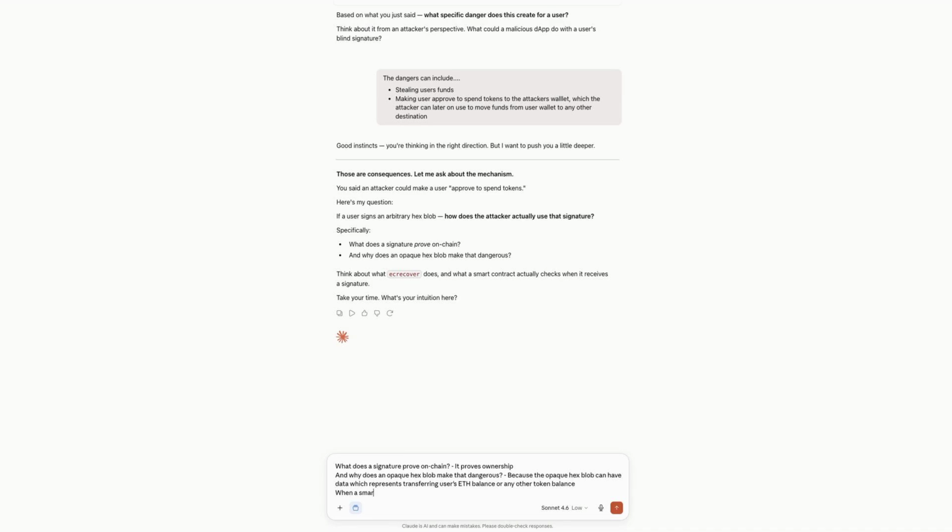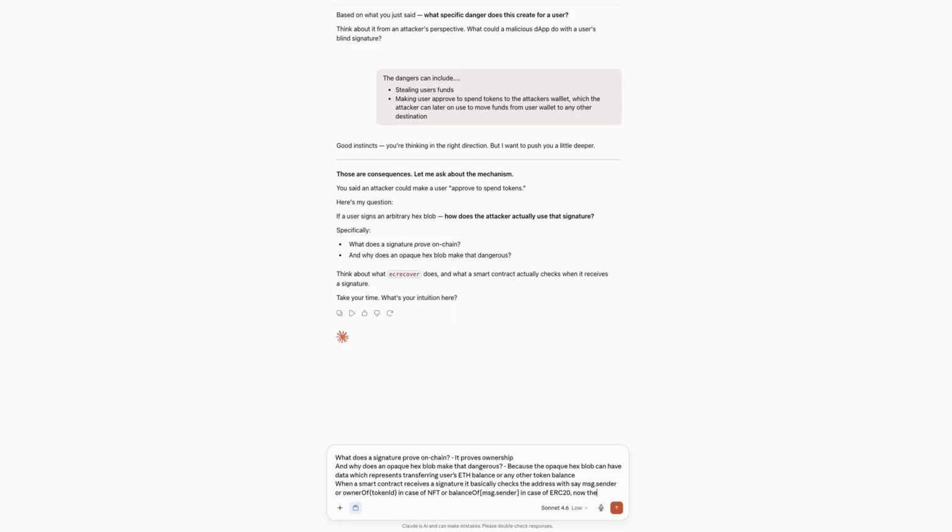When a smart contract receives a signature, it basically checks the address with, say, message.sender, or the owner of the token ID in case of an NFT, or the balance of message.sender in case of ERC20.